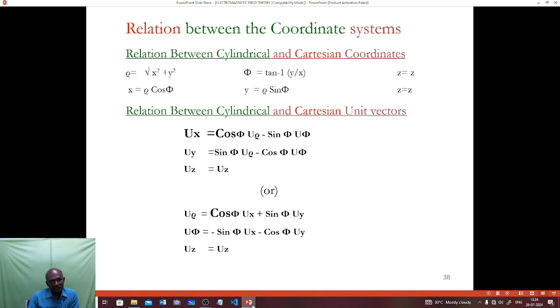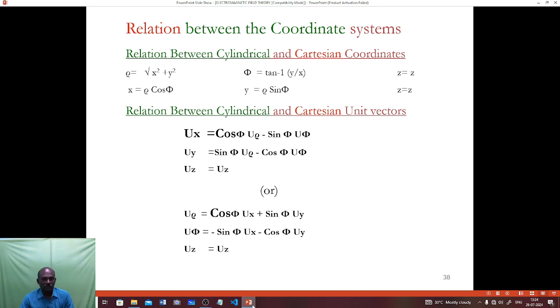Then in vector form, we related the points; in vectors also we can relate any two systems. ux, uy and uz are the vectors in Cartesian. We can find ux, uy and uz from the cylindrical parameters.